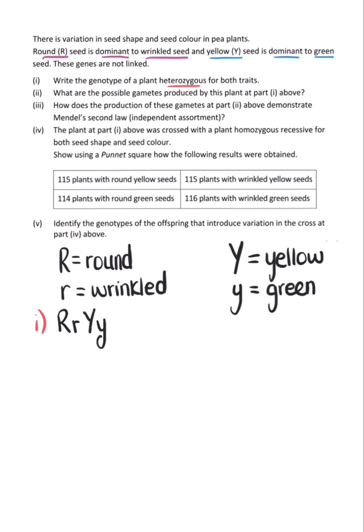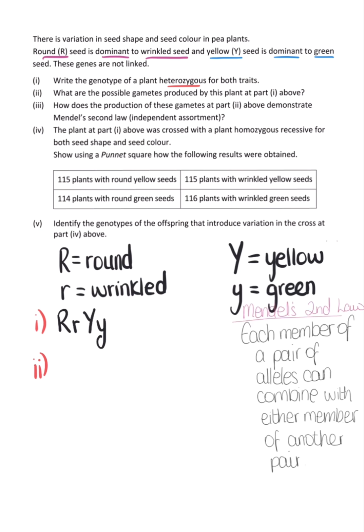The second part of this question is, what are the possible gametes produced by this plant that you've named in the previous question? This is where Mendel's second law comes in. What Mendel's second law states is that each member of a pair of alleles can combine with either member of another pair.